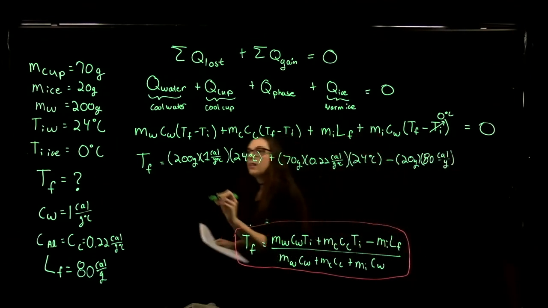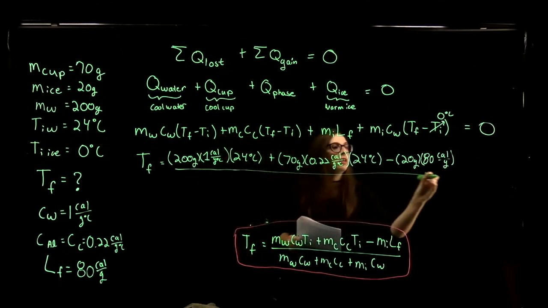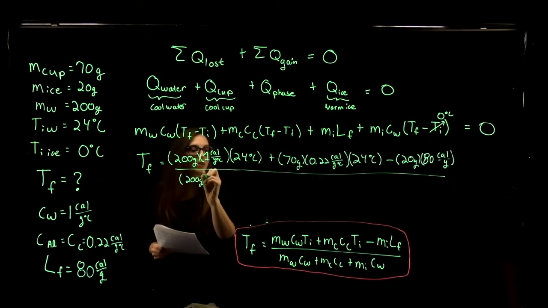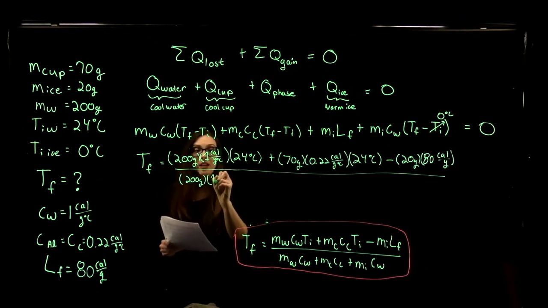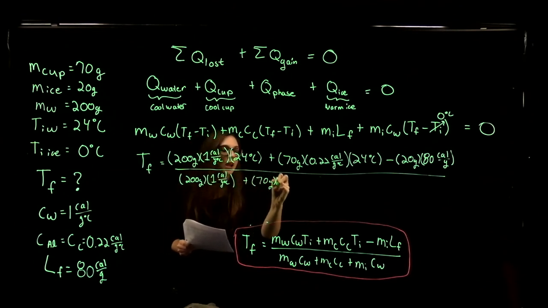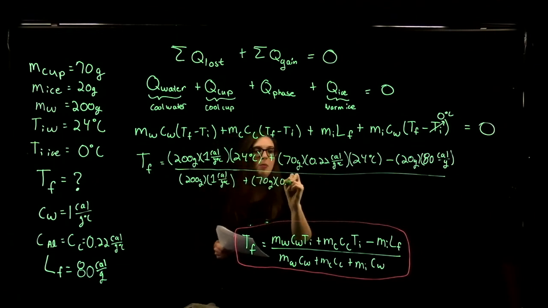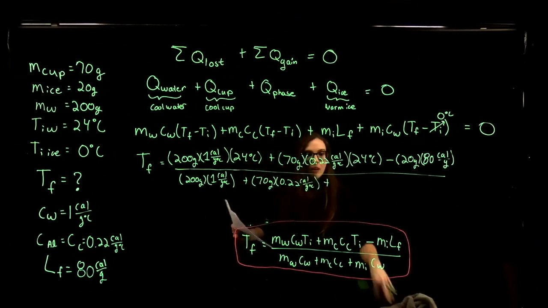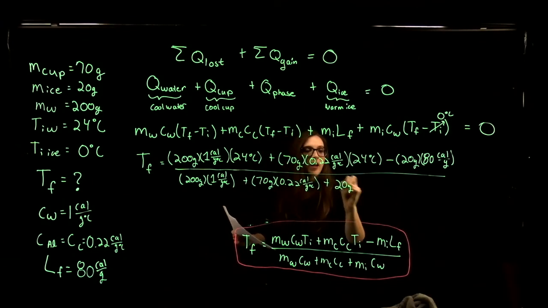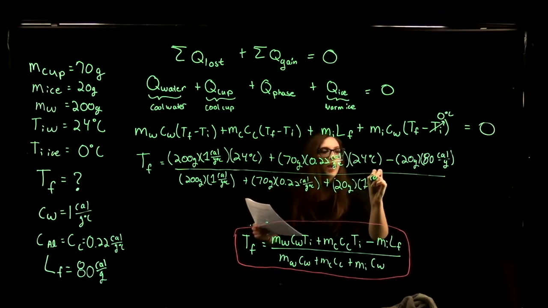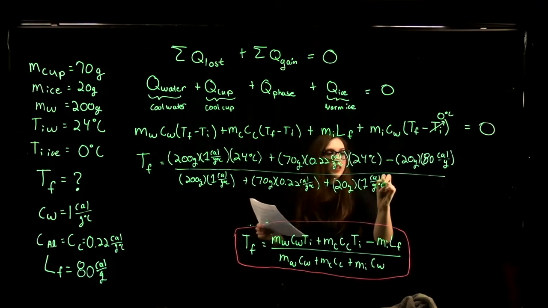And then we divide that all by the mass of my water, 200 grams, times the specific heat of water, 1 calorie per gram degree Celsius, plus the mass of my cup, 70 grams, times the specific heat of aluminum, 0.22 calories per gram degree Celsius, plus the mass of my ice, which was 20 grams, times specific heat of water, which is 1 calorie per gram degree Celsius.